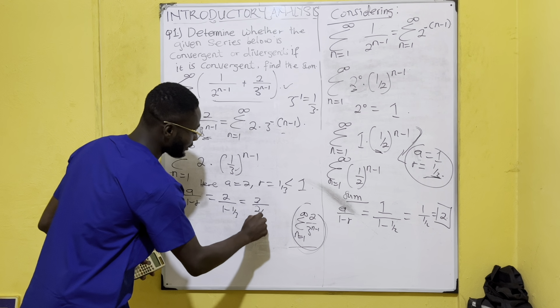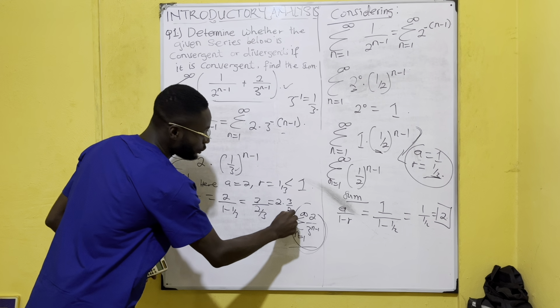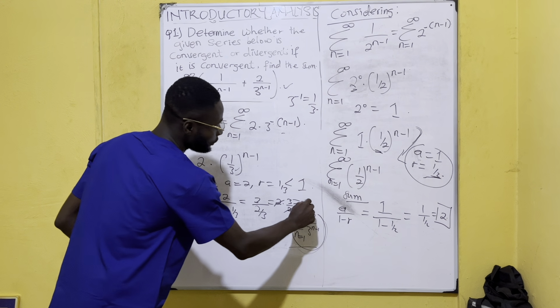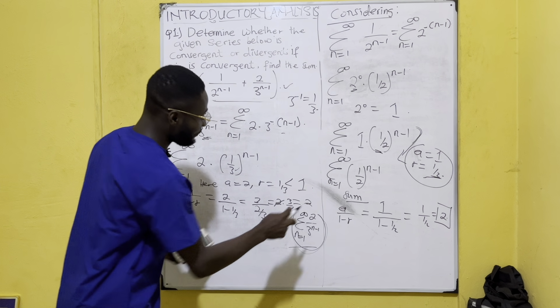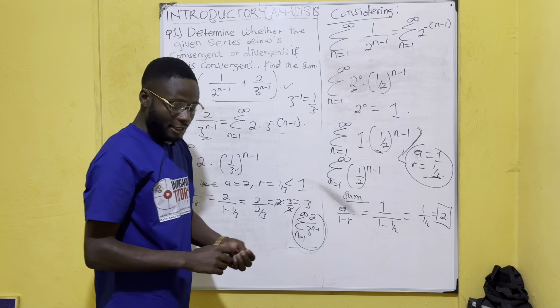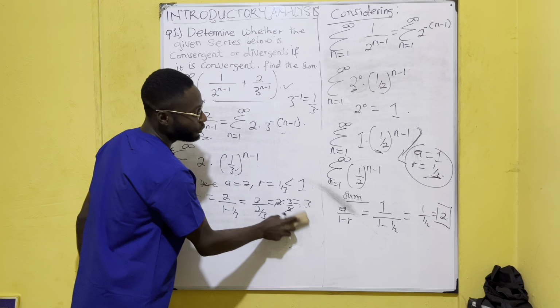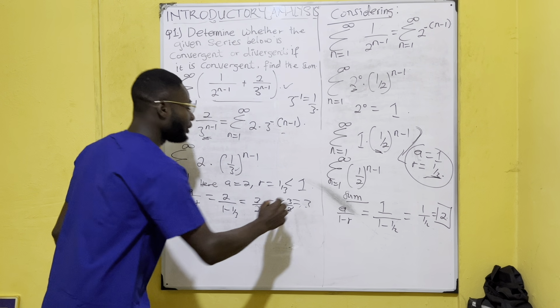So basically we have 2 times 3 over 2, and this cancels this. So we have 3. So the geometric sum for the second part is also 3. Okay? So we have 3.